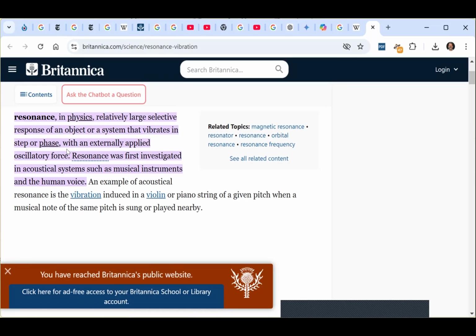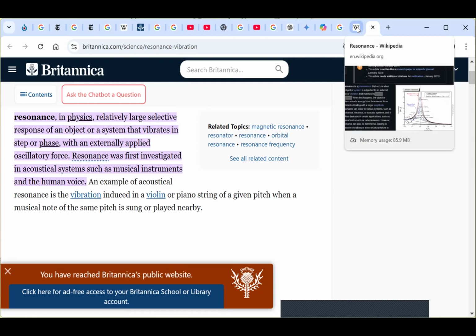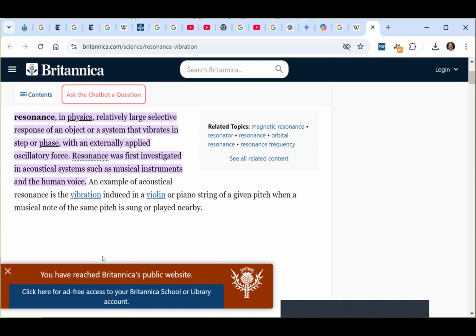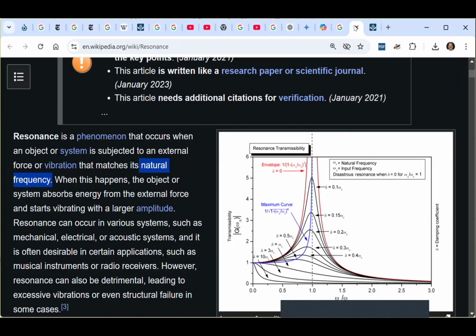Whoa, that one's much more complex, much more full. Okay, now we need a Britannica whisperer. What do I mean by that? It turns out this is very densely based information. This is Wikipedia.